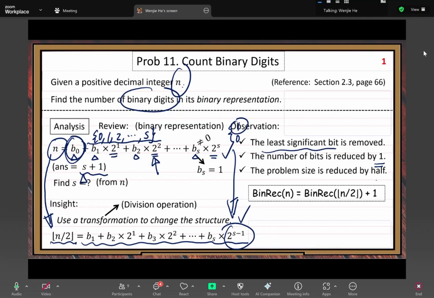So let's introduce a new function. Here we define a new function that gives us the number of bits for the number n. Then we have this recurrence relation.